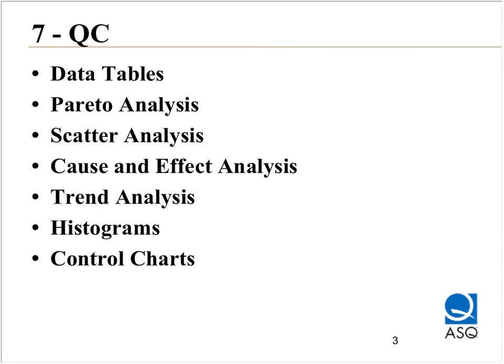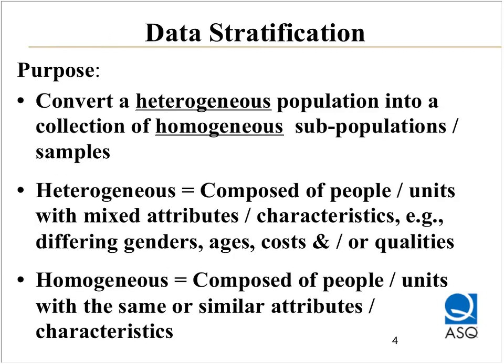Let's start out with a discussion of data tables. And the best way to do that is to start out with an understanding of data. To begin with, we need to know about data stratification. The purpose of stratification is to convert a heterogeneous population into a collection of homogeneous subpopulations, better known as samples.